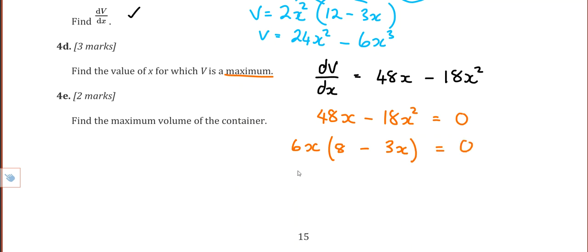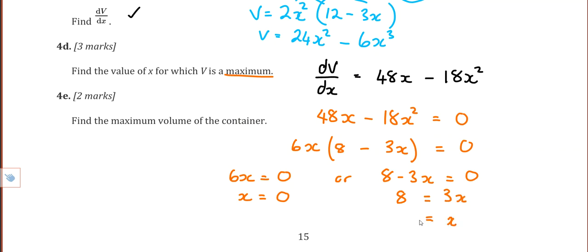Do you know how to do the null factor law again? So either 6x equals 0, which means x equals 0, or 8 minus 3x equals 0, which means that 8 equals 3x, which means x equals 8 over 3.